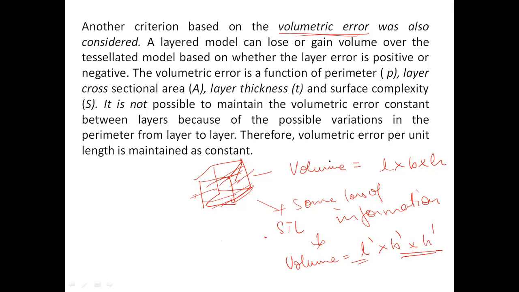Therefore, what was assumed was that the volumetric error per unit length was maintained as constant. So that criteria also helped somewhat, but again only for smooth or easier surfaces. For difficult surfaces, it was again not possible to do that.